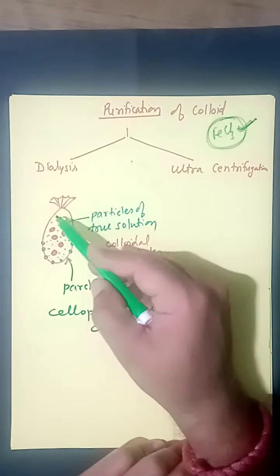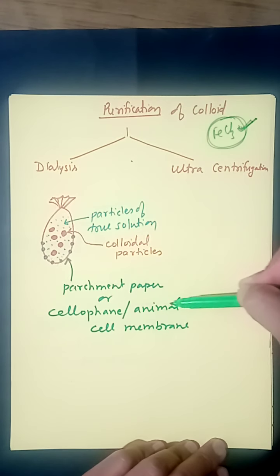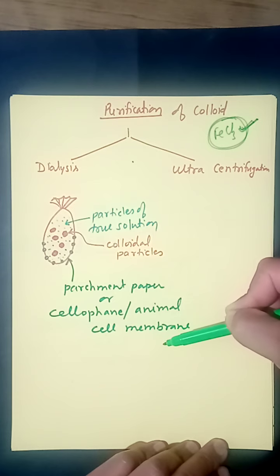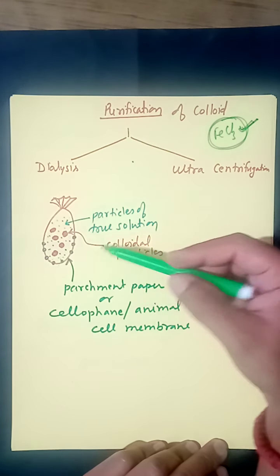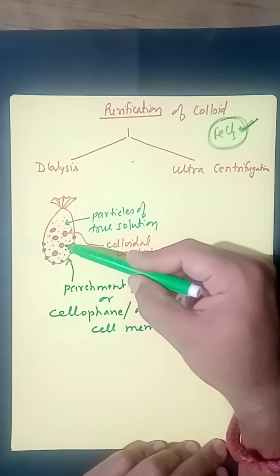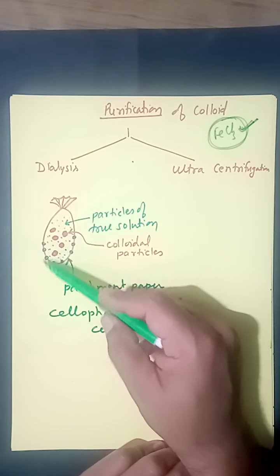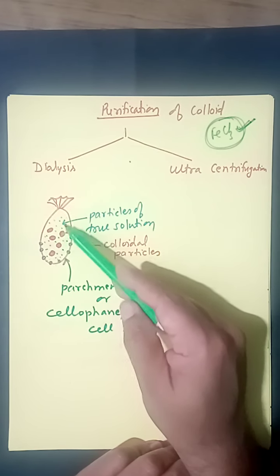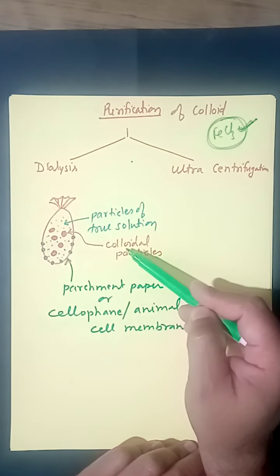In dialysis, we prepare a bag made of parchment paper, cellophane or animal cell membrane, and we keep the impure colloid in it, as you can see in this diagram. I have indicated the pore size here, and the blue particles are particles of true solution, the red particles are colloidal particles.